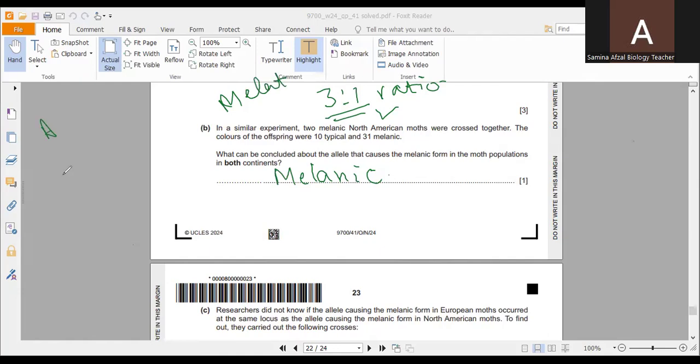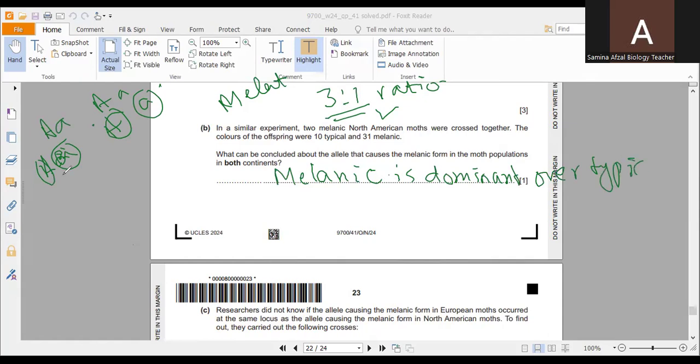Again, the same cross will be here. Same will be here. So melanic is dominant over typical.